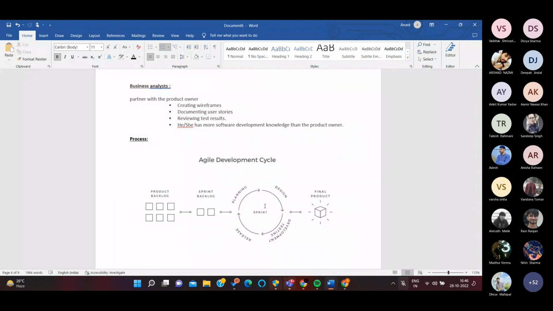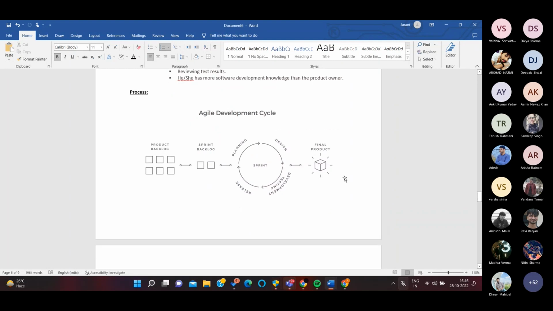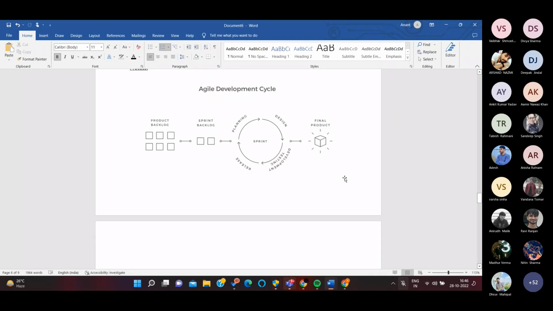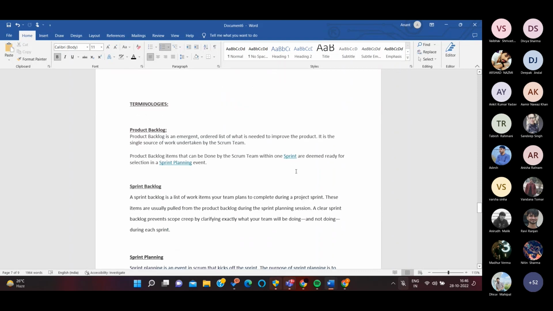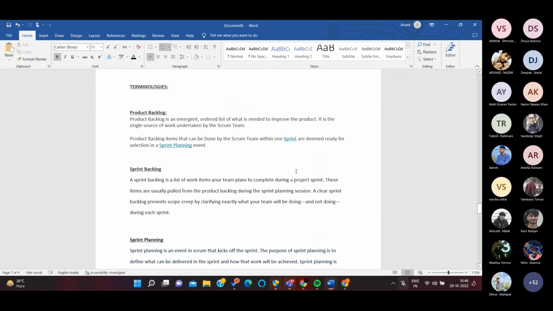So you decide which tool you are going ahead with, whether it may be Jira, Notion, or anything. The next thing is in which agile process you want to bring your whole project, in Kanban mode or in sprint mode. You have to decide based on your requirements.